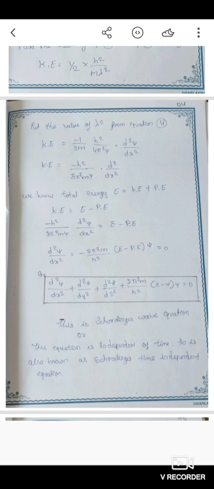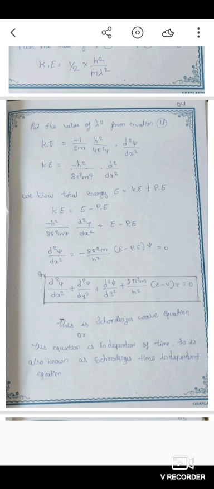We know that the total energy is equal to kinetic energy plus potential energy. So kinetic energy is equal to E minus potential energy. Therefore minus h square divided by 8 pi square m psi into d square psi divided by dx square is equal to E minus potential energy.